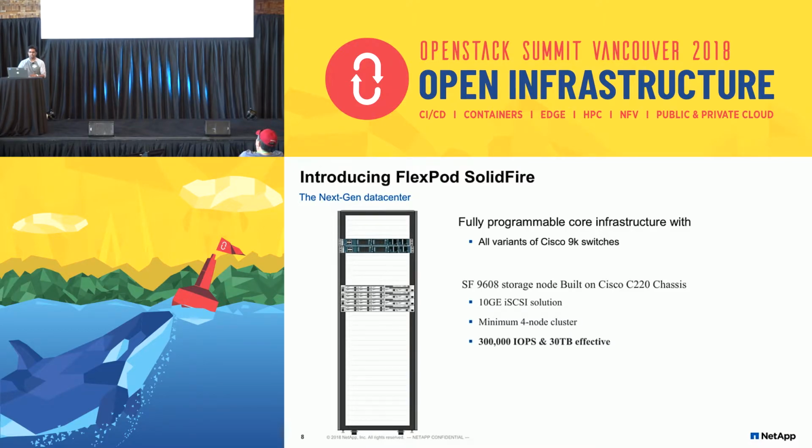The second component is the storage array itself, the SolidFire 9608 storage array. To tell you how software defined the solution is, the operating system for SolidFire is Element OS, and it's running on Cisco servers. As you can imagine, the software for the storage is decoupled from the hardware.